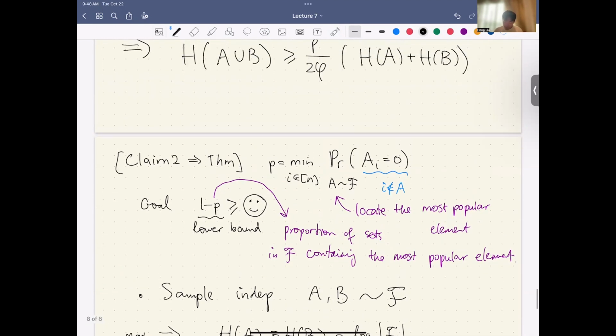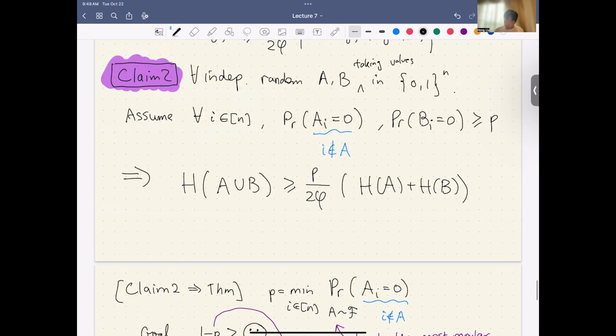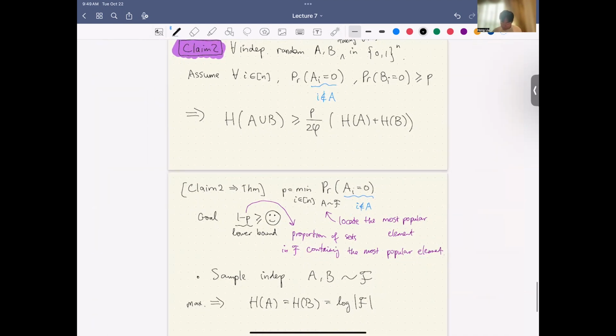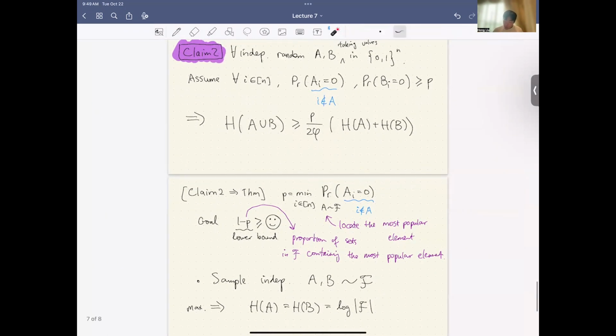By the claim, if you uniformly sample A, B, we are here. And this p is precisely the minimum probability that i is not in A. So for any i, the minimum of this is p. So we have this hypothesis satisfied.